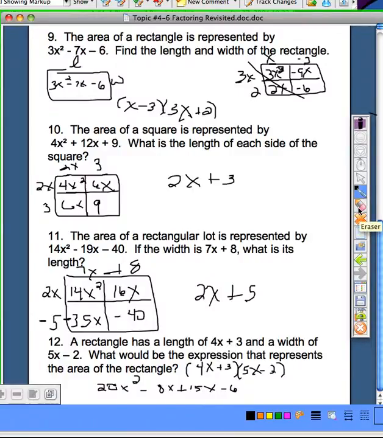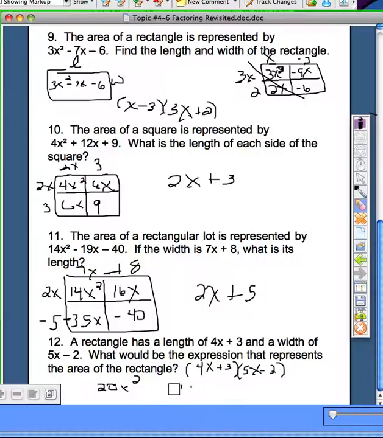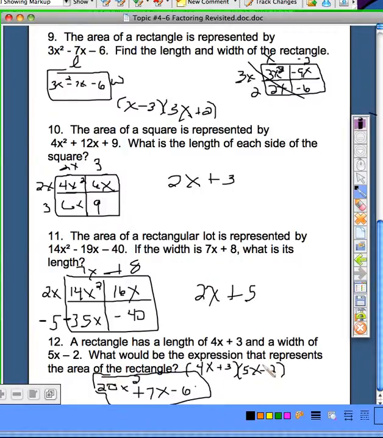So I'm going to erase this since I can, and I'm out of room. And so instead of 15x, I'm going to put plus 7x, and minus 6 is still there. And then that's the area of the rectangle.